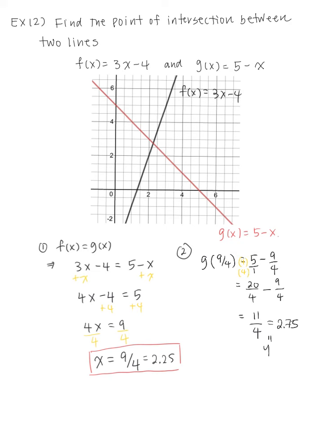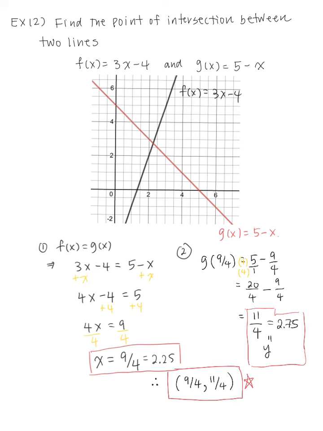All right, so this is the corresponding y value when x is 9 over 4 or 2.25. Make sure to write that as an ordered pair. So therefore, the point of intersection is 9 over 4, comma, 11 over 4. This is going to be your final answer.